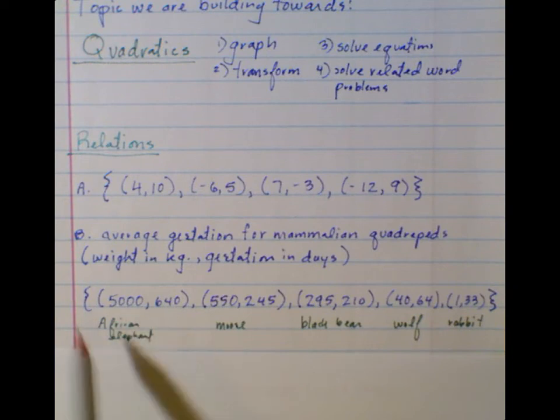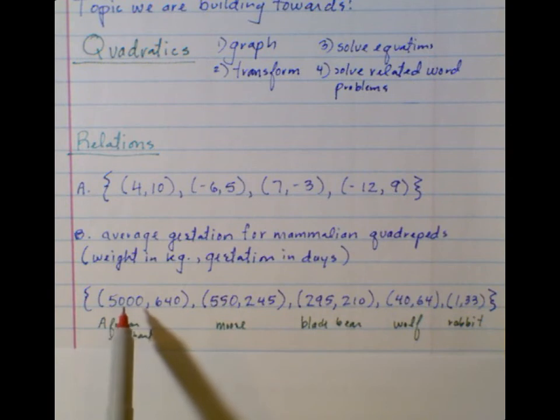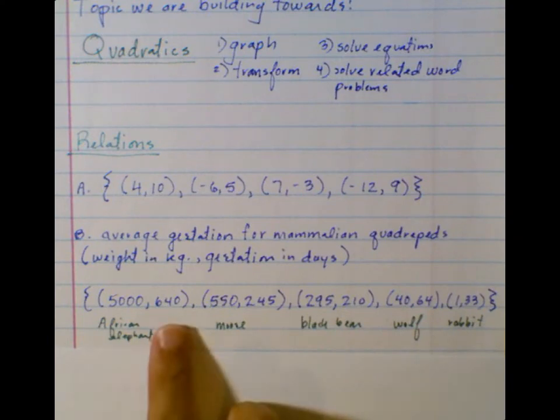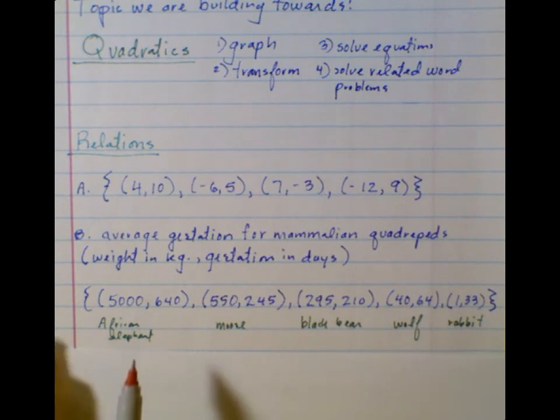So the African elephant's average weight in kilograms, the female is about 5,000 kilograms, and she has a gestational period of 640 days. So compare that to a human's gestational period of 9 months. So this is in excess of a year that a female elephant carries that baby to term.